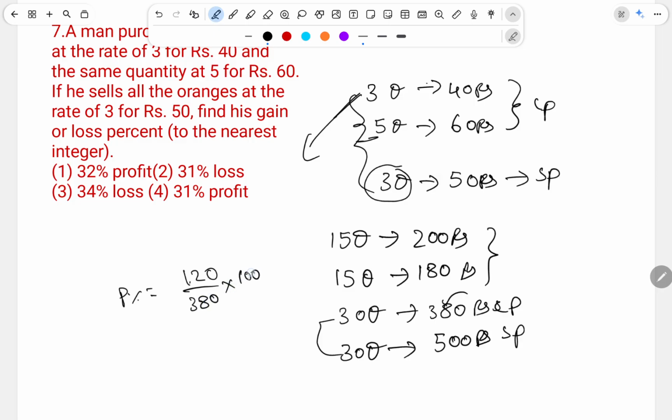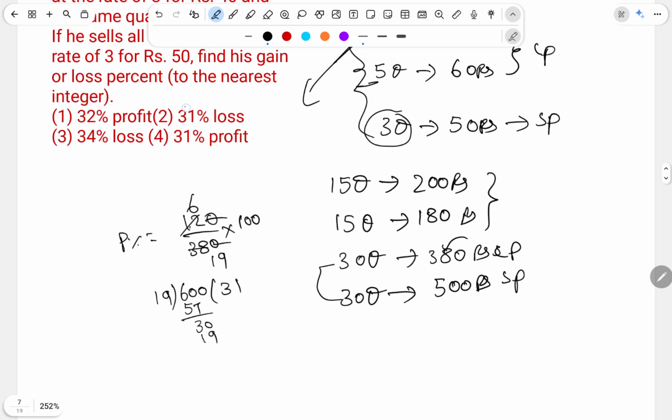into 100. The zeros got cancelled. 2 6 2, 19s. 600 by 19. How many times? 19 threes are 57. 10 minus 7, 3. 19 ones are 19. So approximately 31 is there, 32 is there.